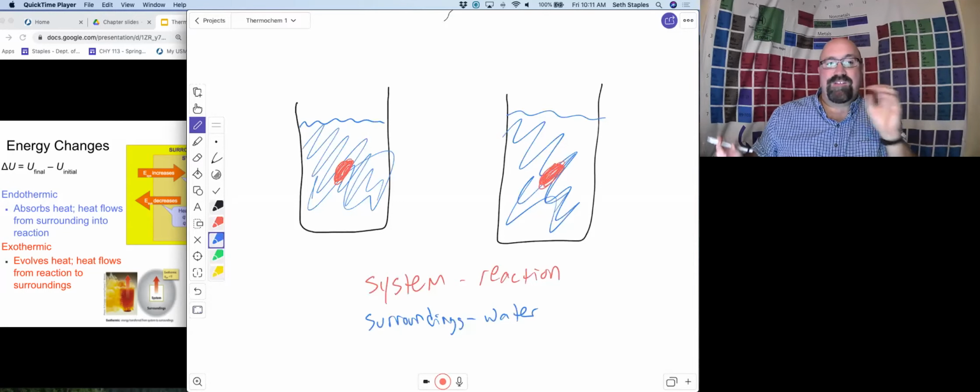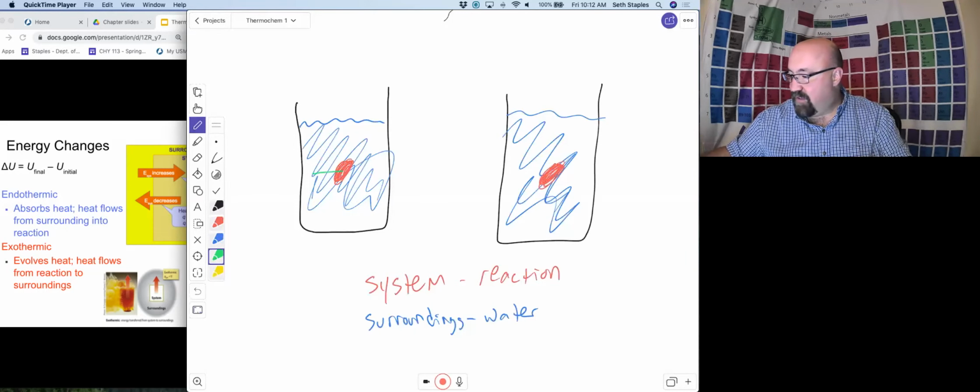Let's think about each of these different types of energy flow. When we're looking at an endothermic system, remember, our system, our reaction in this case, is absorbing energy. It's gaining energy.